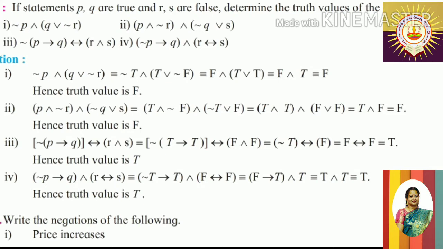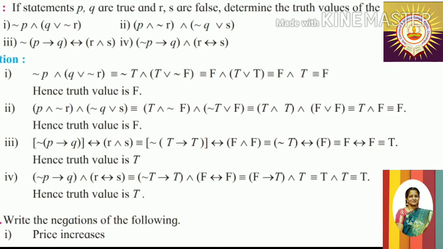Then convert negation T as F and the biconditional statement F biconditional F is T. So we get T and T is equal to T. Hence the truth value is true.